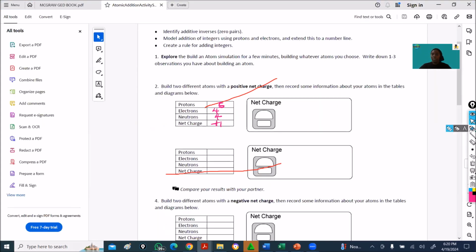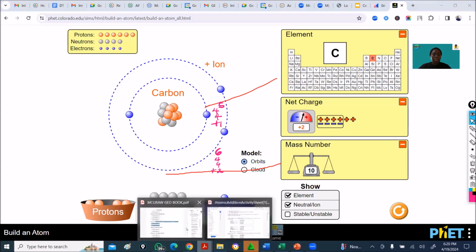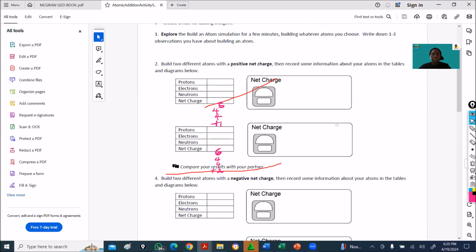So on this table, I do 6, 4, 4 plus 2. Okay. So this is for my positive charge. This is my first atom. You can call what the atom is. This atom is carbon, I don't know. I didn't check for the last one. Okay, but the teacher from this activity sheet, we don't need to know what the atom is.